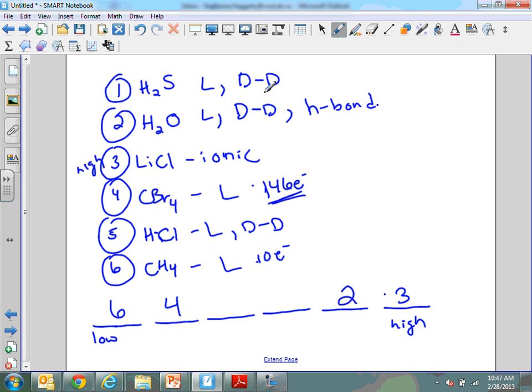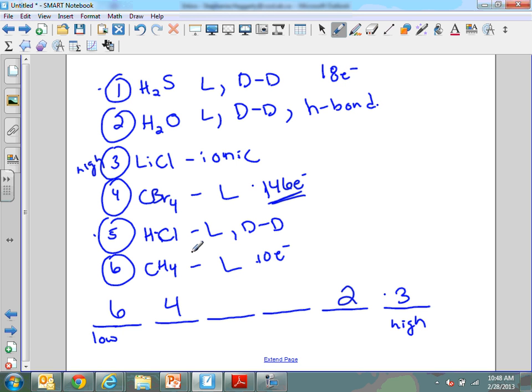When it comes down to these last two, so number 1 and number 5, we've got the same situation where they're both polar and they both have the same intermolecular forces, London and dipole-dipole. So that's when we have to look at the number of electrons. So H2S has 16 from the sulfur and 2 from the hydrogens. So it's got a total of 18 electrons.